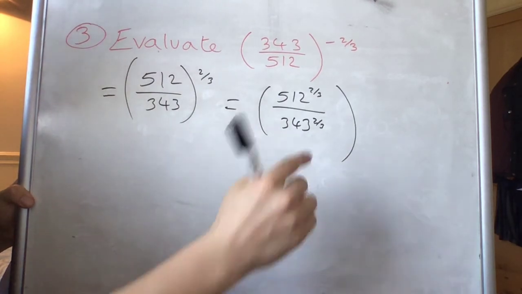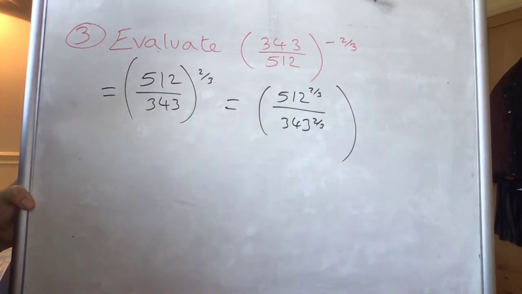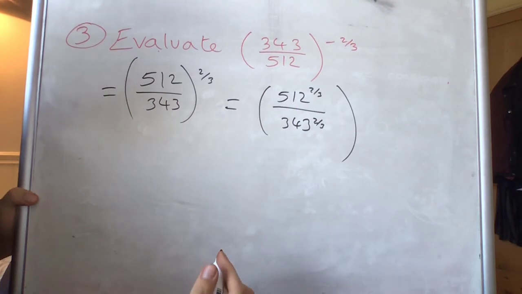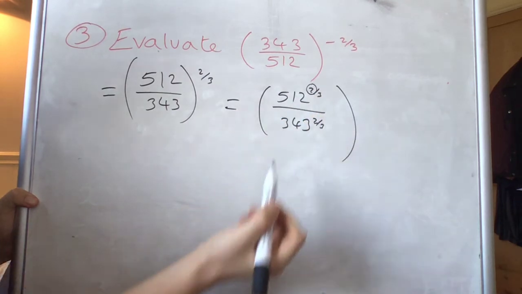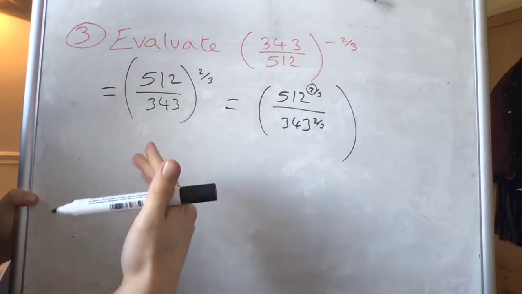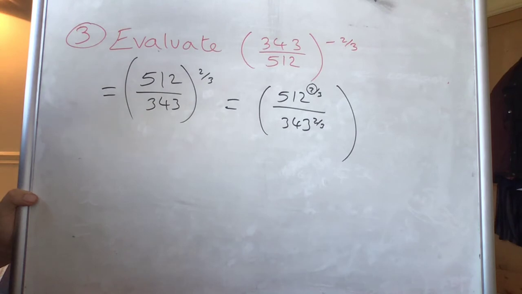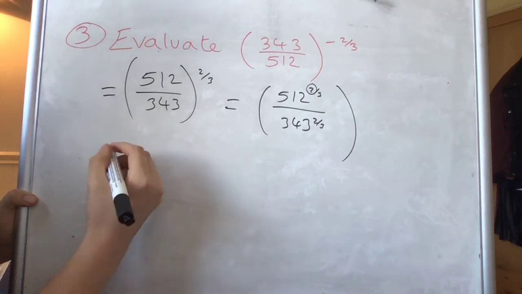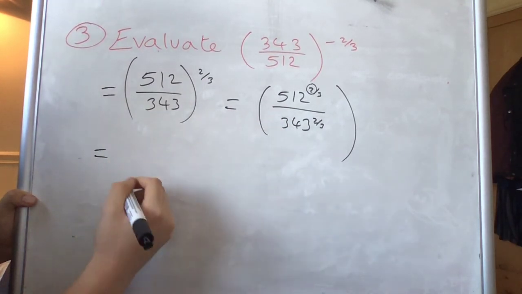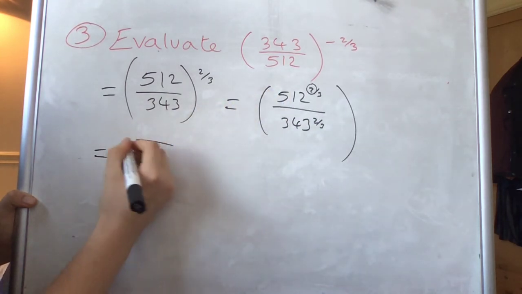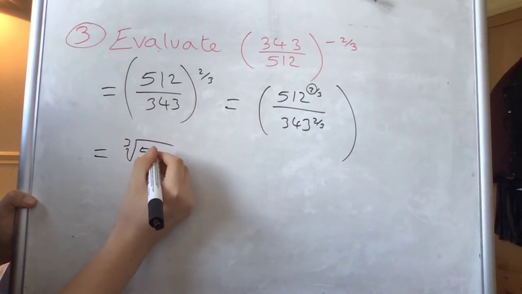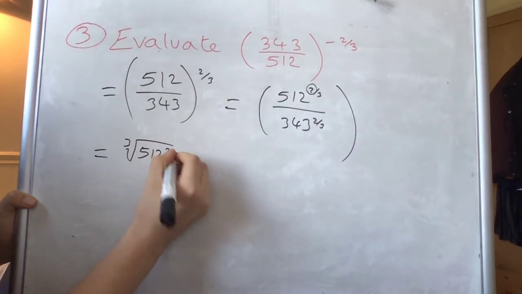And whatever is in the denominator, so our 3's here, is what the root is going to be. So 3 would be the cube root, so we need to find the cube root of 512, and the numerator, the top number, is the power to which we raise the base, which would be squared. In other words, 512 to the power of 2/3 is the cube root of 512 to the power of 2.